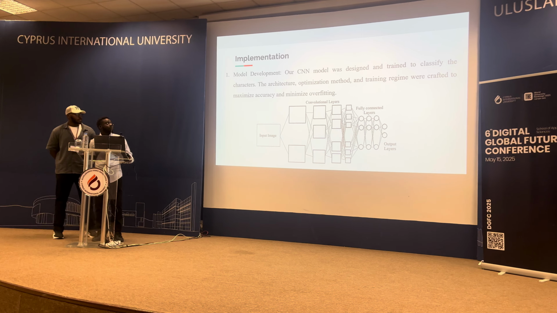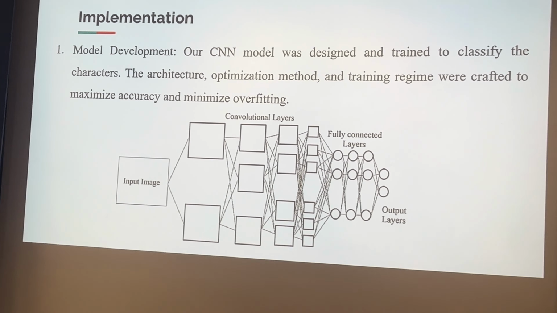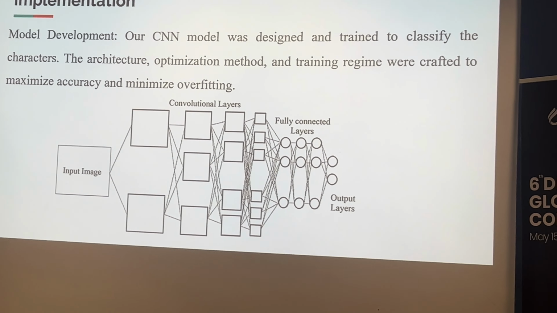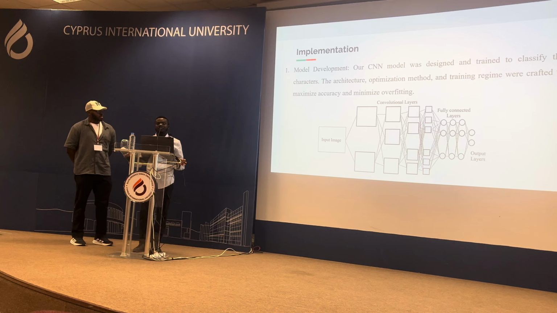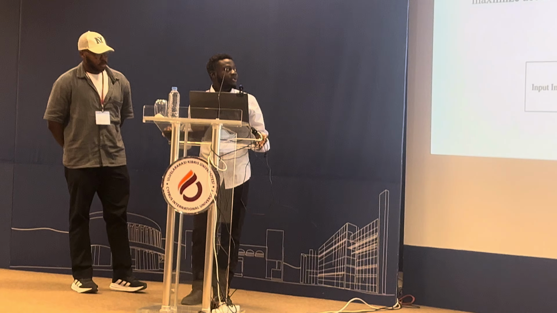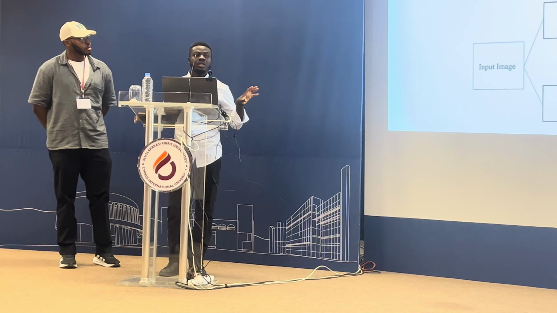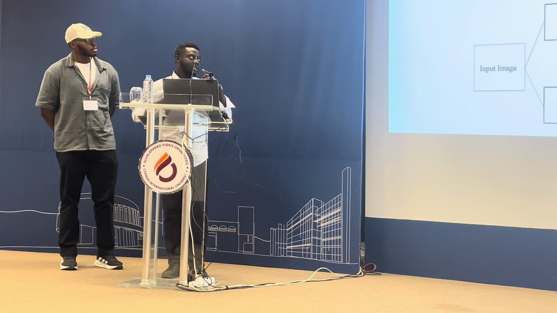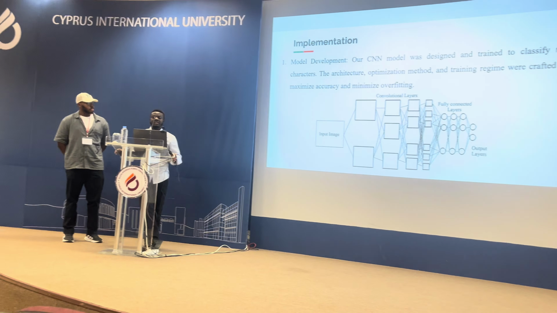So we're going to be talking about how we implemented our optical character recognition system. First of all, we have to develop the model. It's a convolutional neural network. So we have an input image, and then we have several hidden layers. Here, we try to keep it very simple because of the nature of the data set.